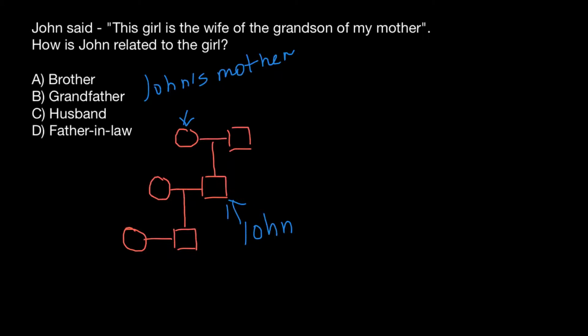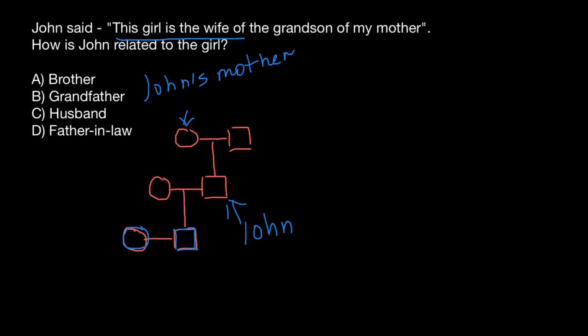And he is the son of John, and here is John's son's wife. Again, John's son would be the grandson of his mother. So let's analyze what we see in our problem.